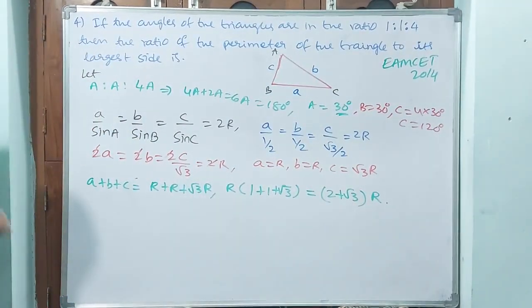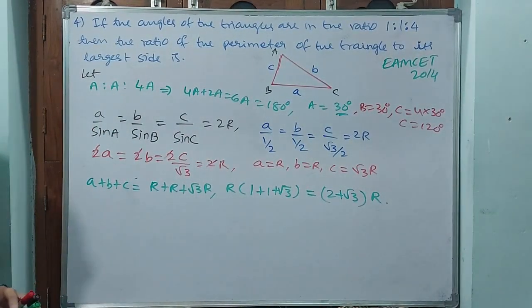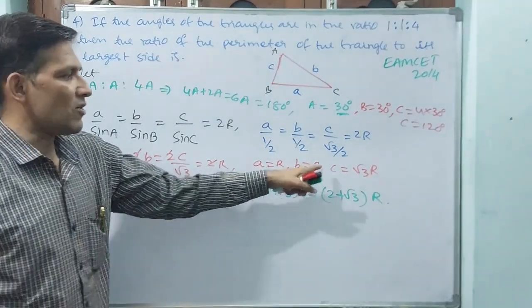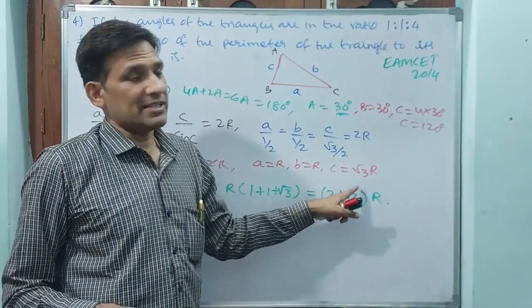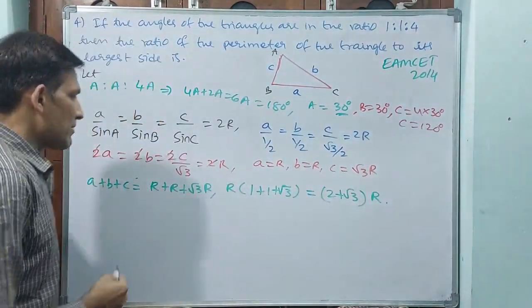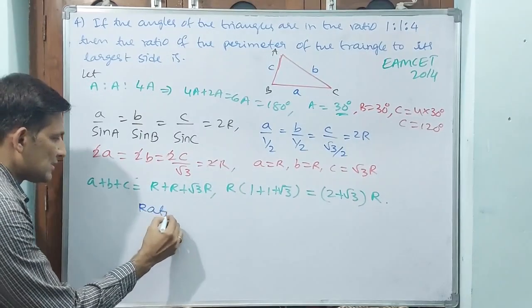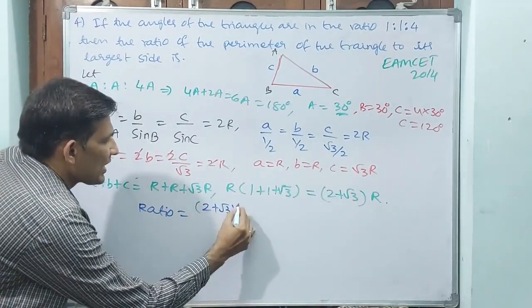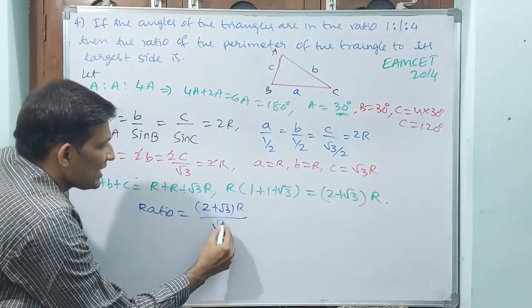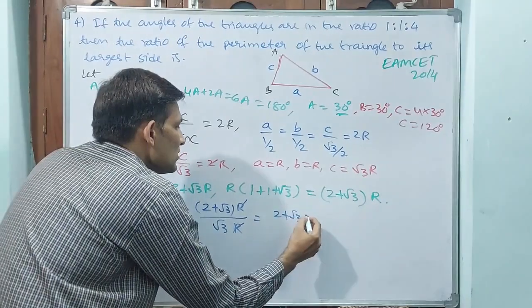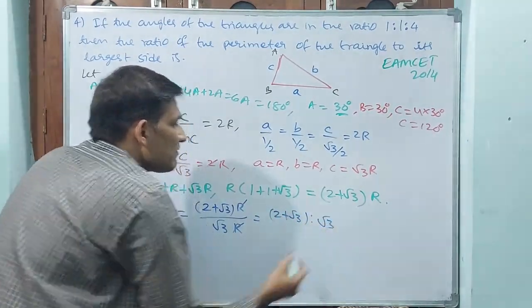Okay? See, that is perimeter. But what is the largest side? Largest side means see, a is R only, b is R only, but c is root 3 times R, 1.732 times R. That means this is largest. Then what will be the ratio? 2 plus root 3 R divided by root 3 R. R will get cancelled out. 2 plus root 3 is to root 3 will be your answer.